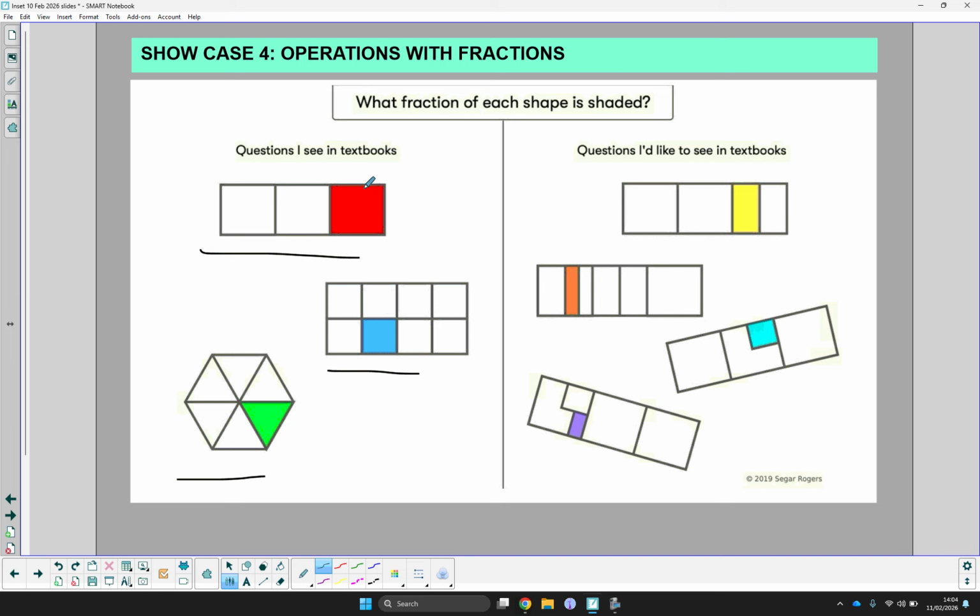And I think this is part of the reason that fractions are a bit of a bogeyman for some pupils. We don't give them enough opportunity to actually think about what fractions are: the idea that it's a shape split into congruent or equal-area pieces. So these questions here on the right, if pupils can answer these, then this means they really have fractions.